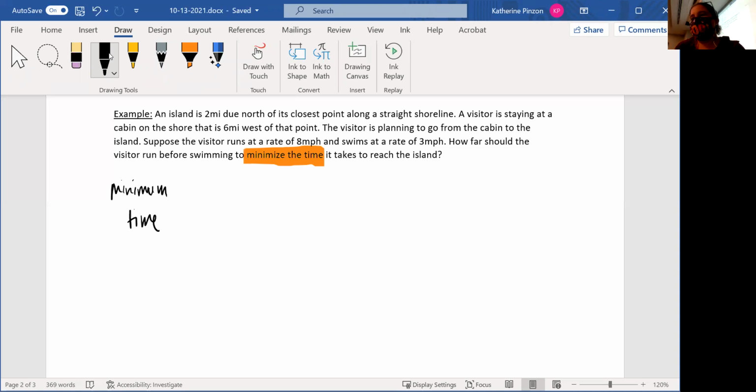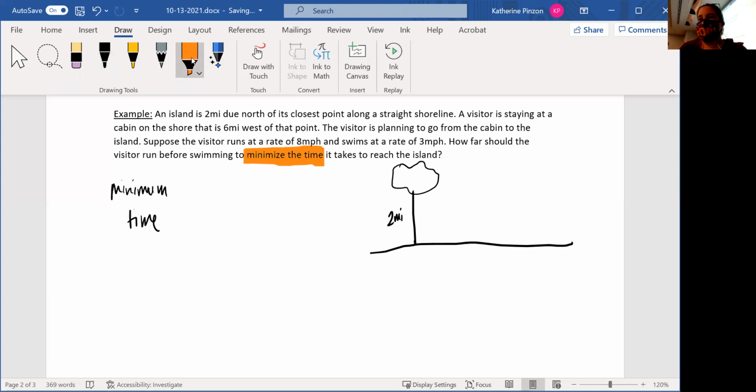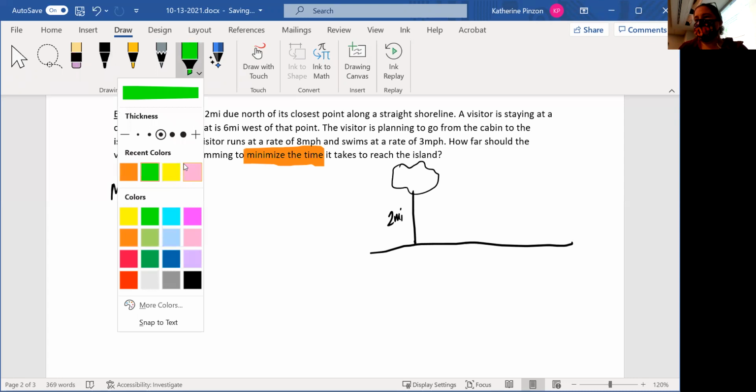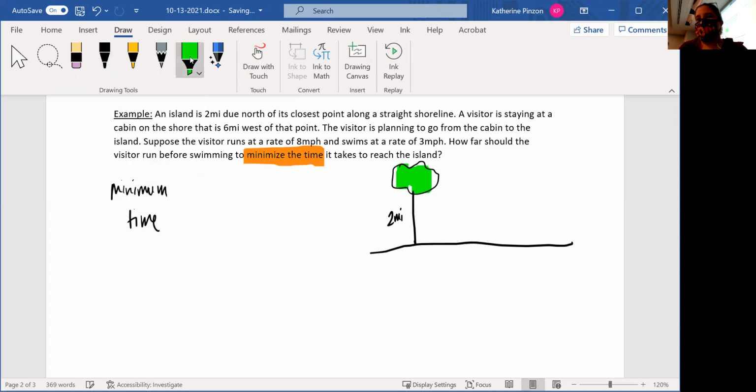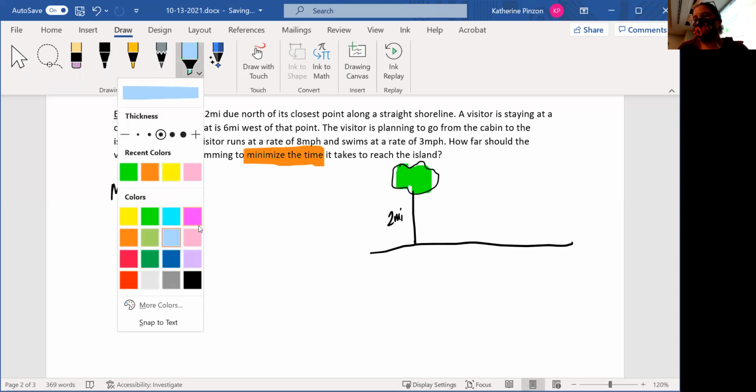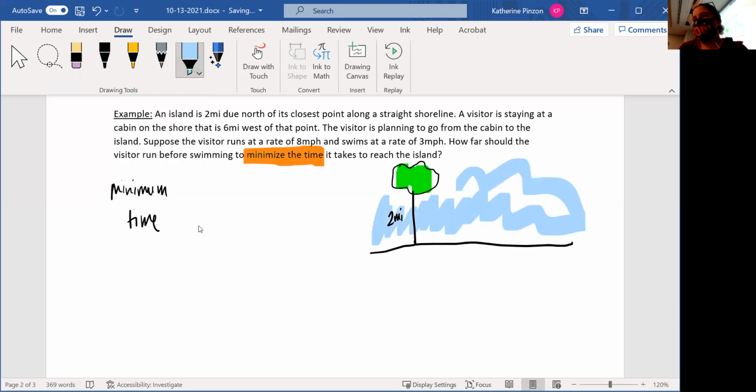I have an island. Here's my shoreline. I have an island over here. This distance straight from the island to the shore is 2 miles. This is my island. All of the rest is water. Okay, there's a cabin.